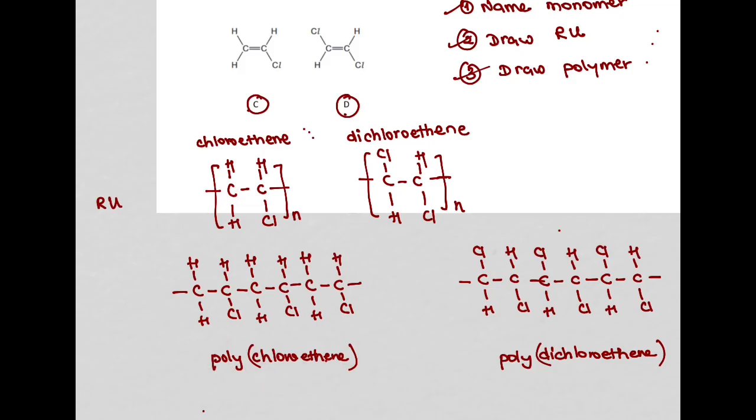So normally, if you repeat the repeat unit 3 times, this is just enough for you to show the polymer. And these bonds have to be shown going outwards. Similarly, here you have dichloroethene. If you want to be specific, you can put 1,2-dichloroethene, showing that the chlorines are on the 2 different carbons. So 1,2-dichloroethene, this is the repeat unit.